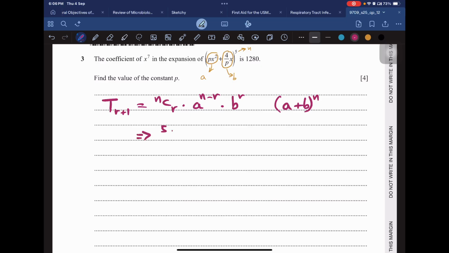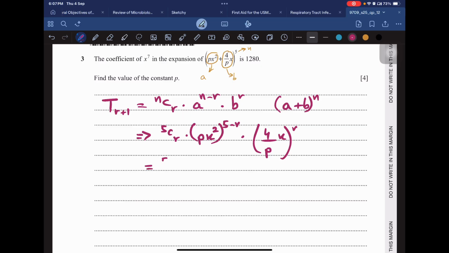So we have 5Cr times, in place of a, we have px squared power n minus r. In place of b, we have 4 upon px power r. In place of n, we can put 5 over here. Let's simplify this a little bit.